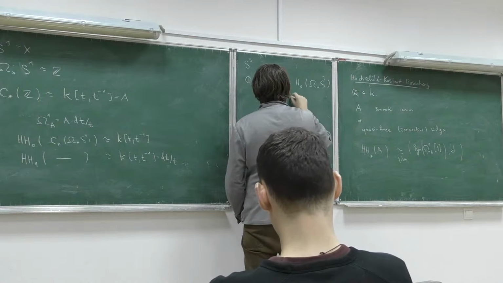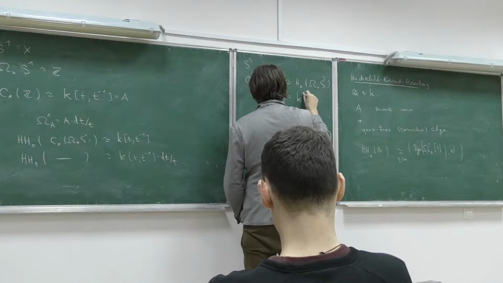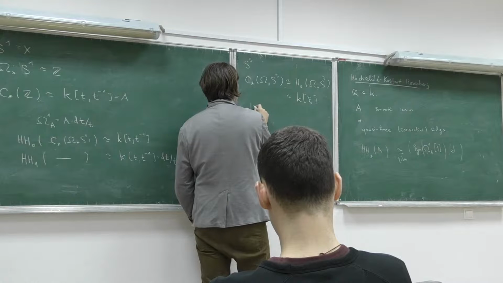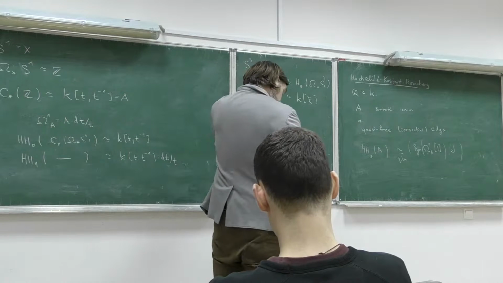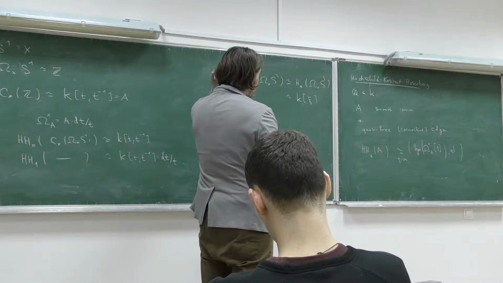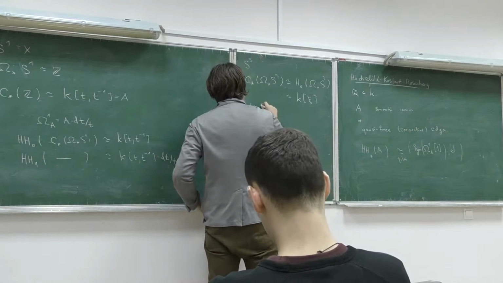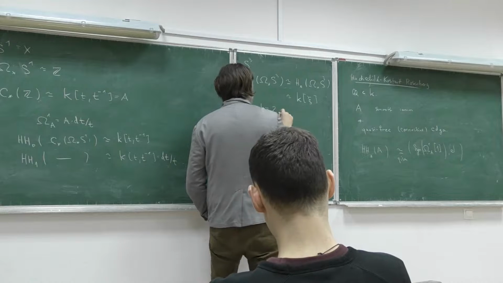It's just a polynomial algebra on some generator, and that generator comes from the first non-zero homology group, which is in degree 2. So this is degree 2.